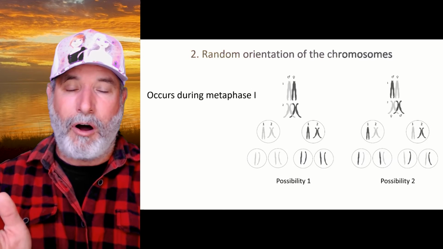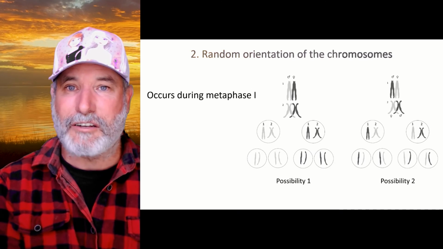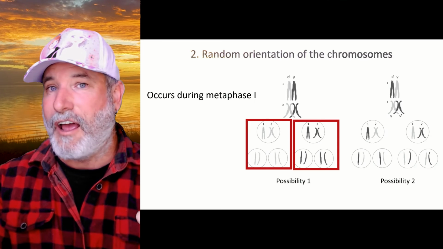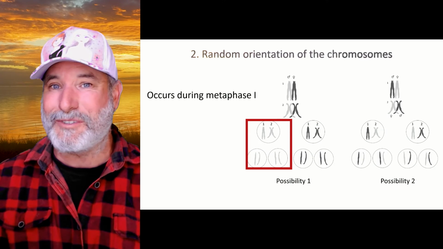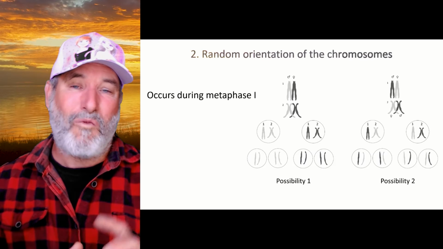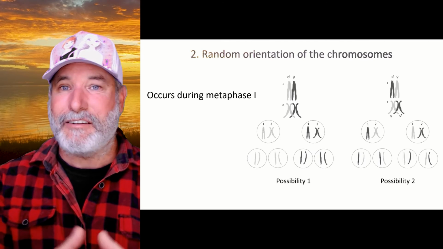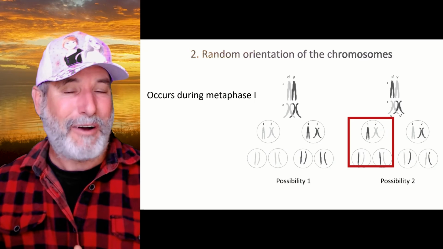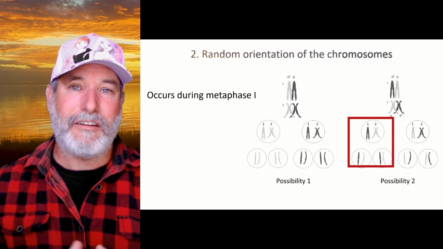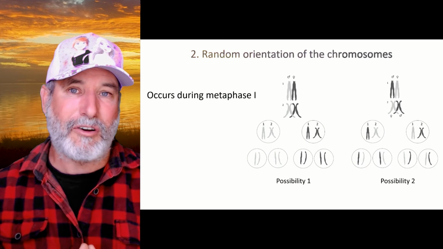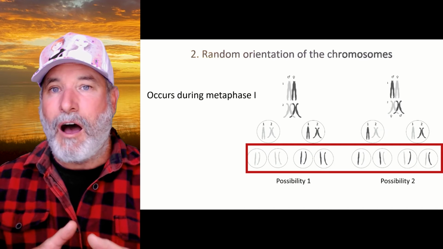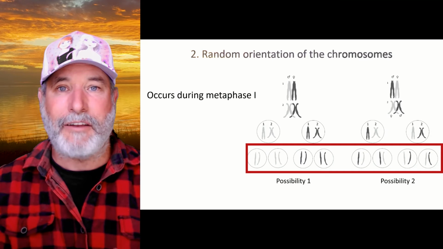And when you pull them apart, one daughter cell is going to have all your dad's chromosomes, and the other is going to have all your mom's chromosomes. Now, if I have one switch, you might get 22 chromosomes from dad and 1 from mom, and vice versa. So you can see that the random orientation of the chromosomes is very important for mixing up your combination of chromosomes from your mom and your dad.